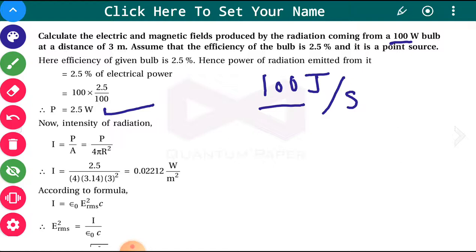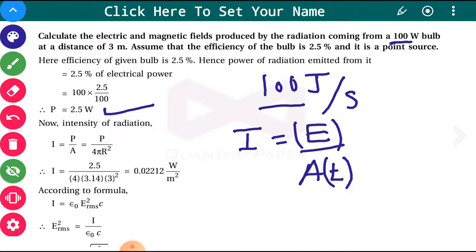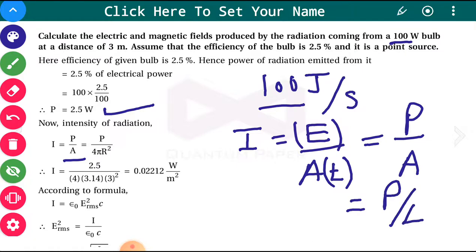Now intensity is nothing but energy per unit area per unit time. Now energy upon time is power, so it is written as power upon area. The bulb is spherical and the area of a sphere is 4 pi r square, so it becomes P upon 4 pi r square.